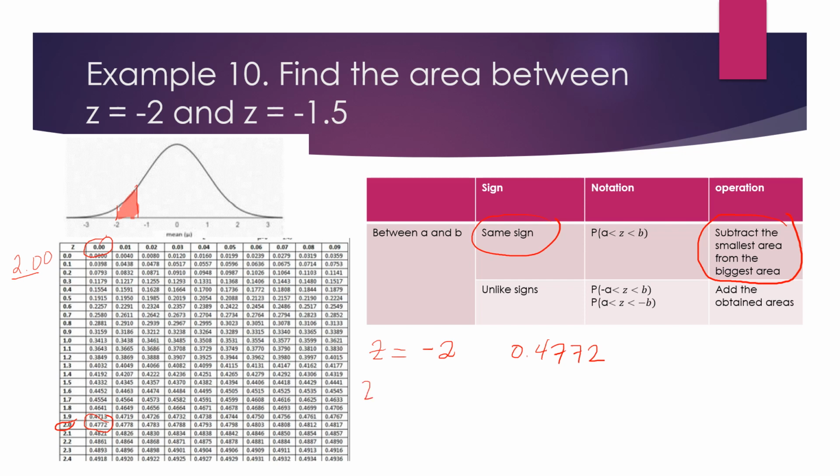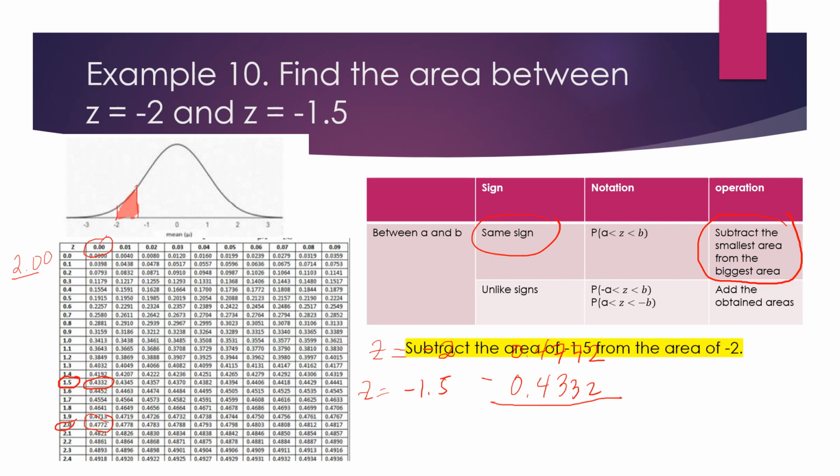And then let us also find the area of -1.5. -1.5 is this one, and its hundredths place is 0 also. So 0.4332. Says here that we will just subtract the smallest from the greatest. Subtracting 0.4332 from 0.4772 will give us 0.0440.